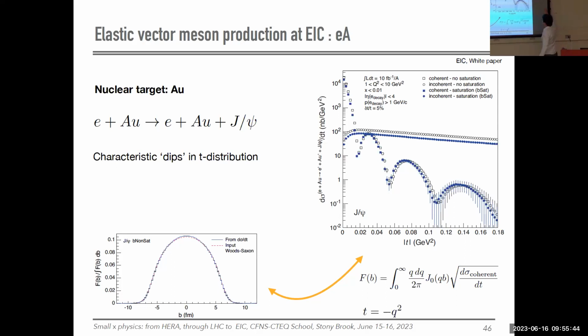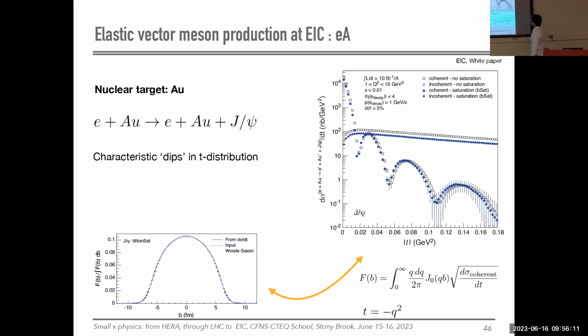Now, if you do the saturation or no saturation calculation, that's the difference between blue and open rectangles. So there is some difference here. It would be nice to measure it, although I don't know if there's enough experimental precision that can distinguish details like that.